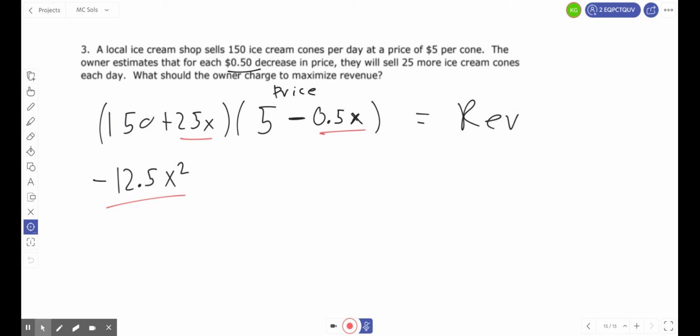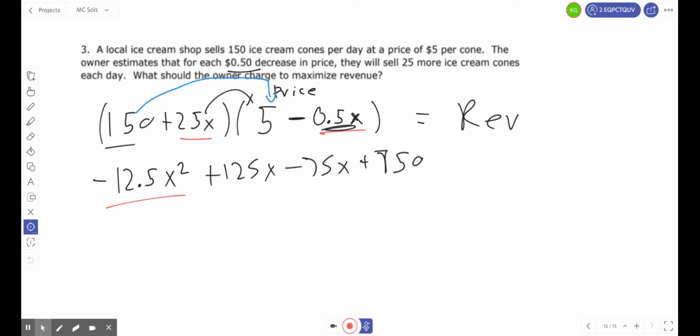Next, we'll multiply the 25 times the 5, and we'll get plus 125x, and then we'll multiply the 0.5 times the 150, and we'll get negative 75x. And then we'll multiply the 150 by the 5, just the numbers without any x's, and 150 times 5 is 750.